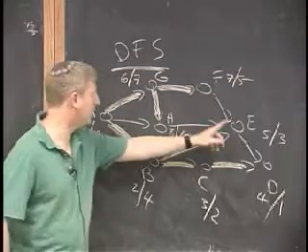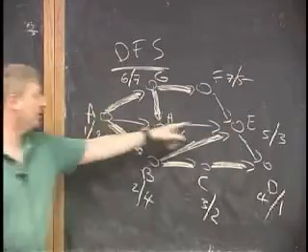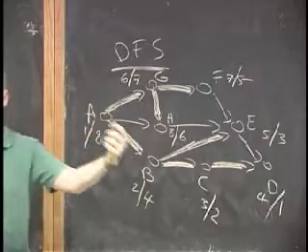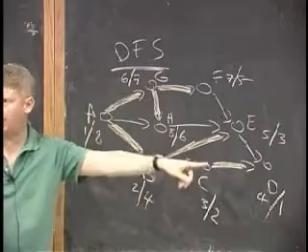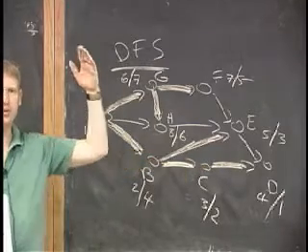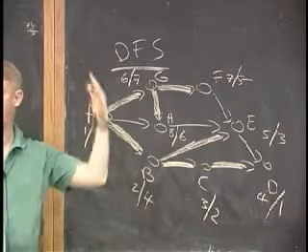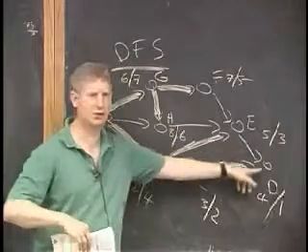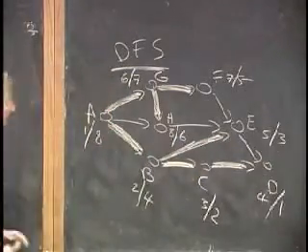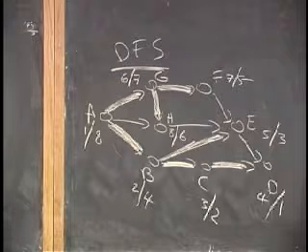But if we got to here and there was an edge back to A, that would have been a back edge. A back edge is something that points back up the tree. A forward edge is something that points down the tree. A cross edge is something that does neither, that connects different pieces in the tree that are neither up or down, like from here to here. I'm pretty sure that's right, but I'll double check it, Chris. And a tree edge is the ones that are dark.